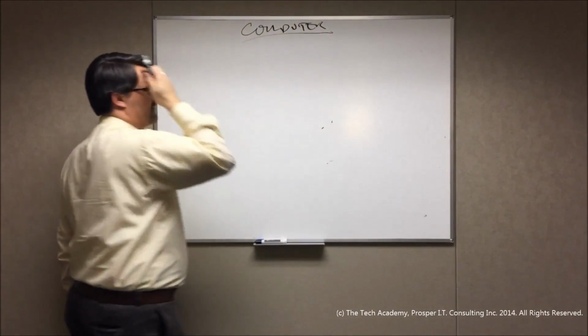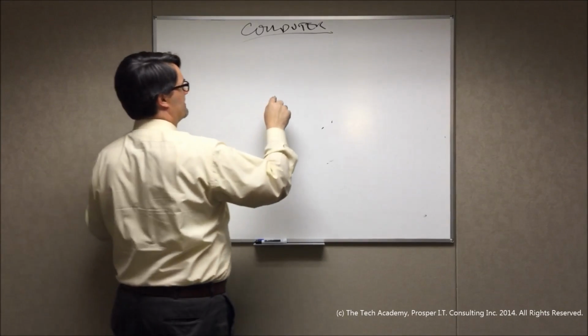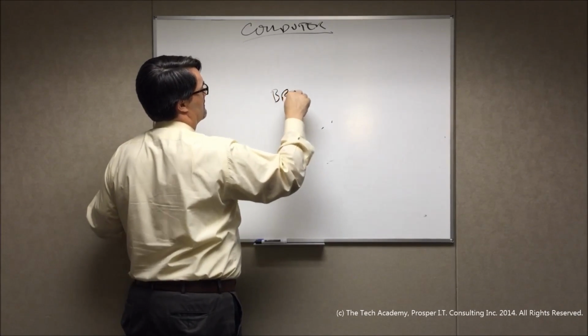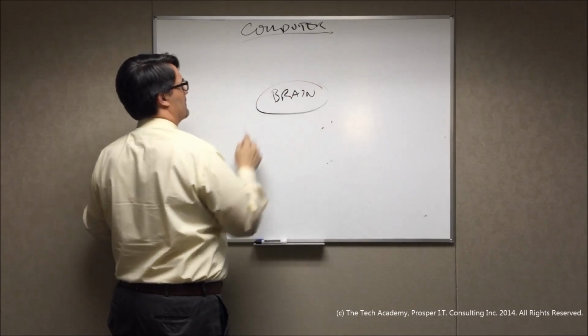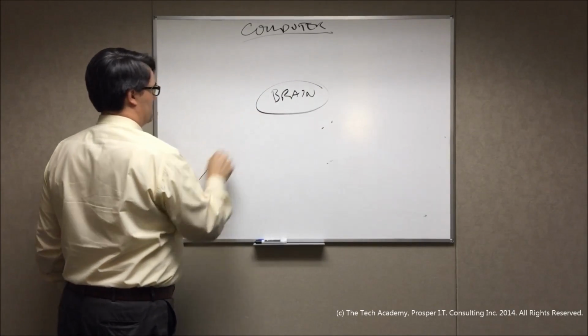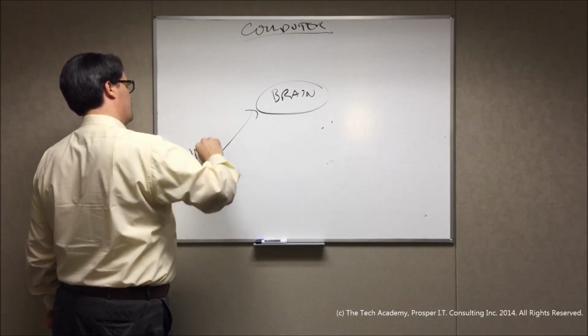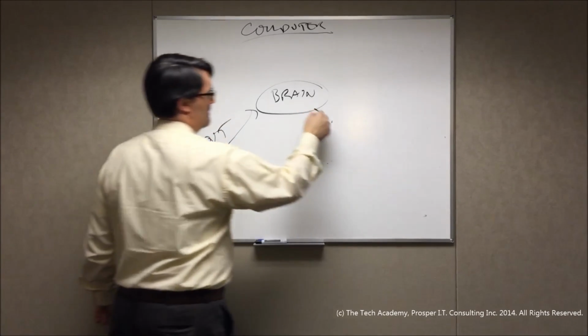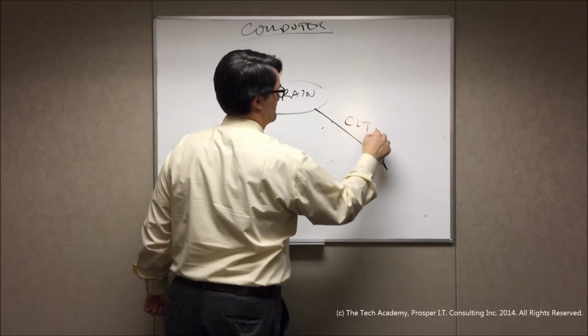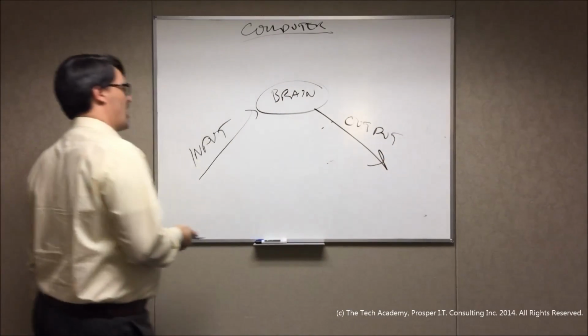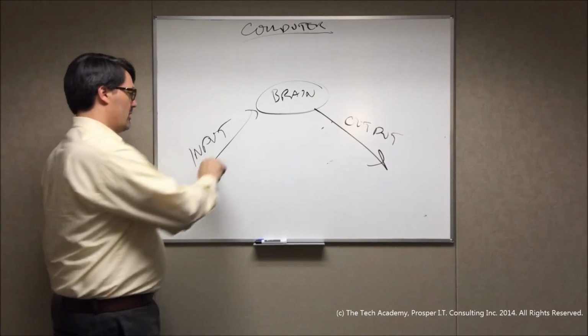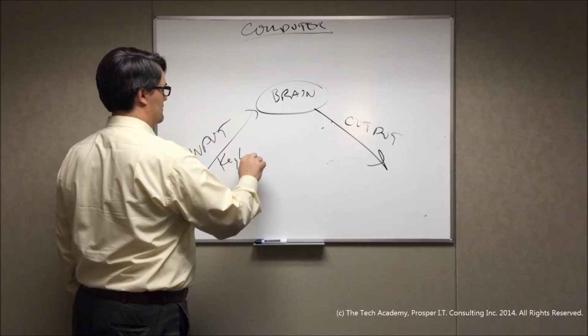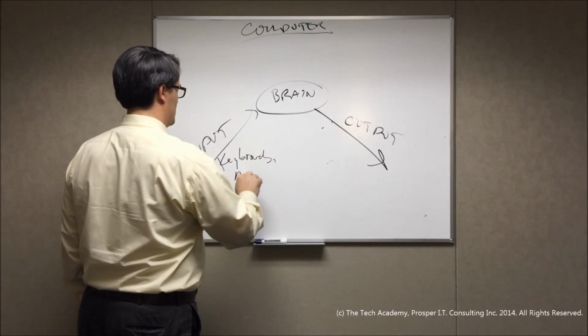A computer only needs a few things. Basically, it needs a brain to decide what to do, and it needs a way to put input into the brain and a way for it to output things. Most common input devices we're all used to are keyboards, mice.